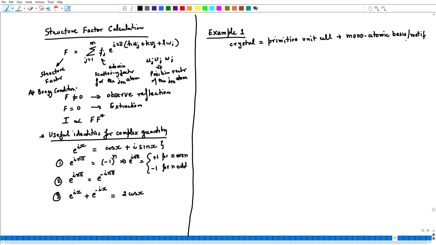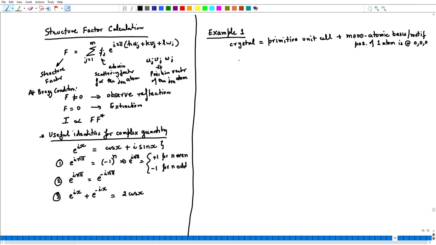This essentially means that I have only one atom per lattice point, and the position of that one atom is at 0 0 0, which means that the same kind of atom would be present at every lattice point in this primitive unit cell, which also implies, since it is primitive, the atom will be present only at the corners of the unit cell.